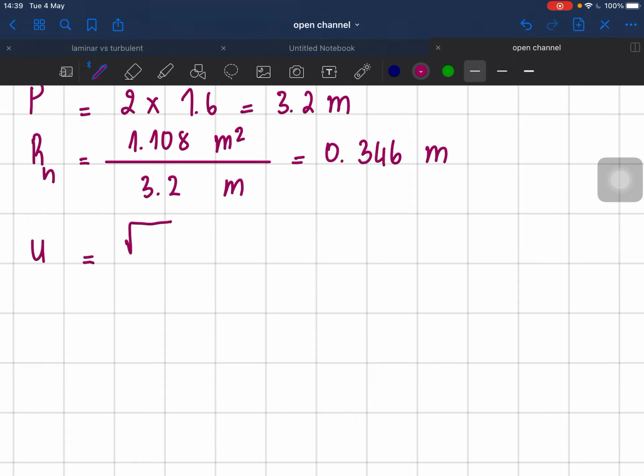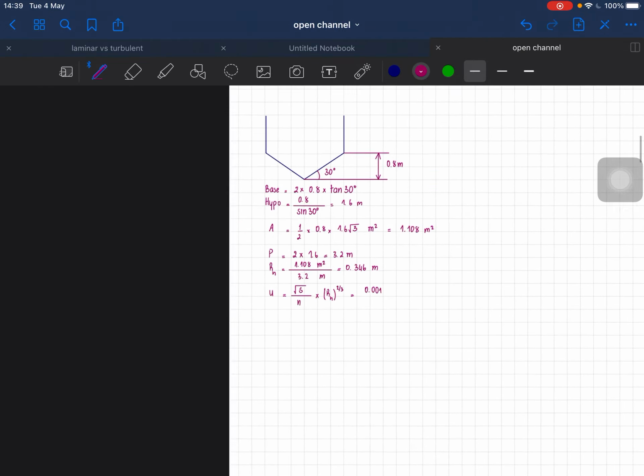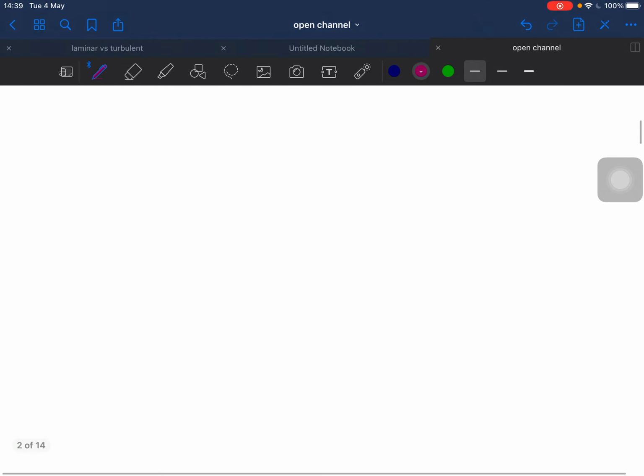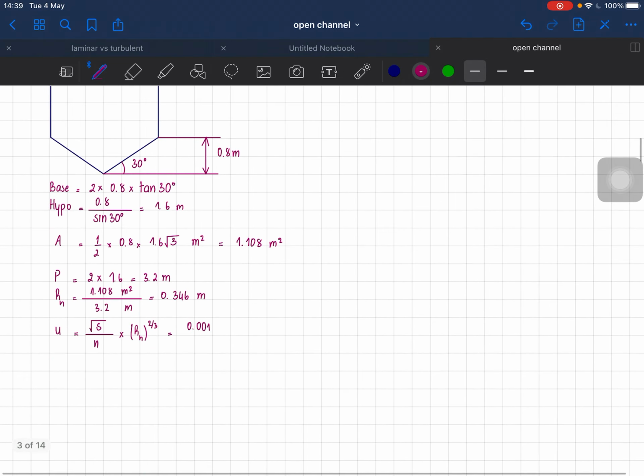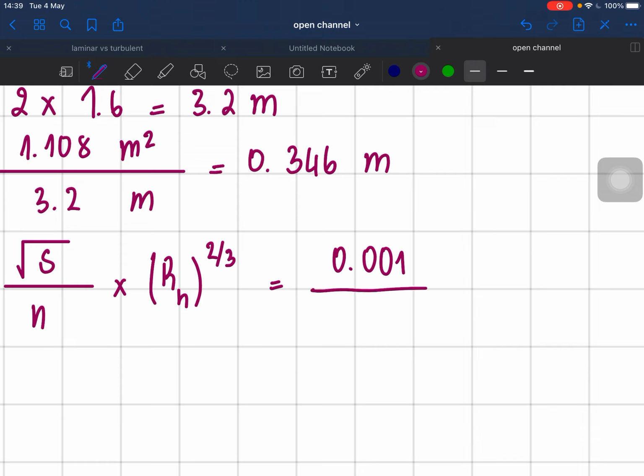So then we can compute the U, the Manning equation. Manning equation is square root of S over N, the Manning's number, or we can say the Manning constant, times RH to the power 2 over 3. S is 0.001, because it was 0.1%, and 0.1% is equal to 0.001. N is 0.02.